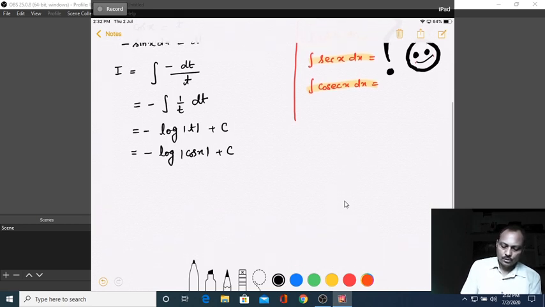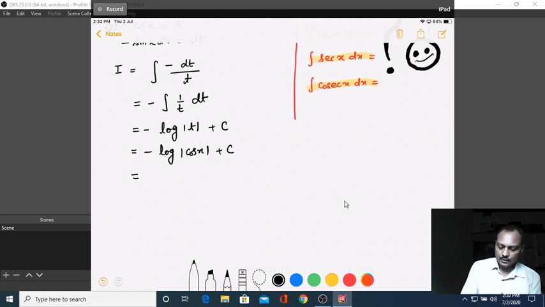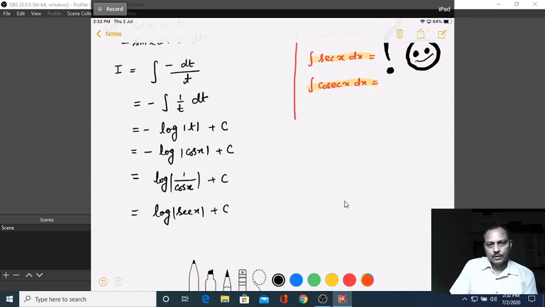Also we can change this: if we take this negative sign inside, we can write log of 1 upon cos x using the property of logarithm. So it can be written as log of sec x. So this is the formula of integration of tan x.